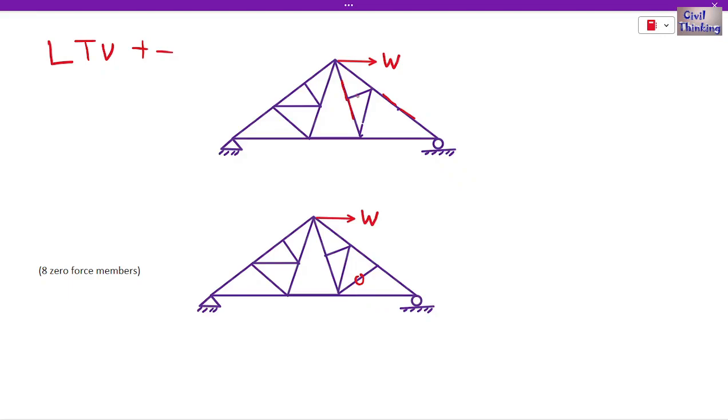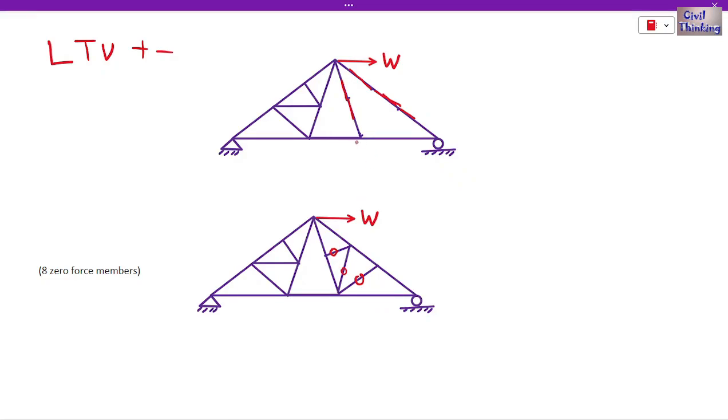And this is the other side of T. So this is also a zero force member. Let me erase this. Now look at this. This is one member, this is another member, they are linear, again the T condition, and this is another side of the T. So this is a zero force member again.